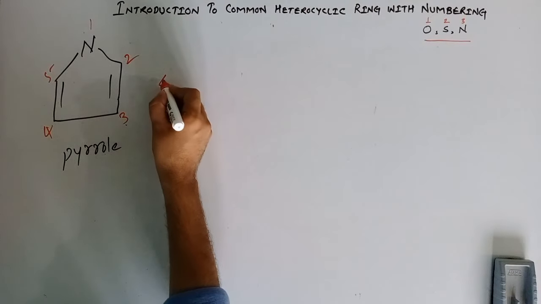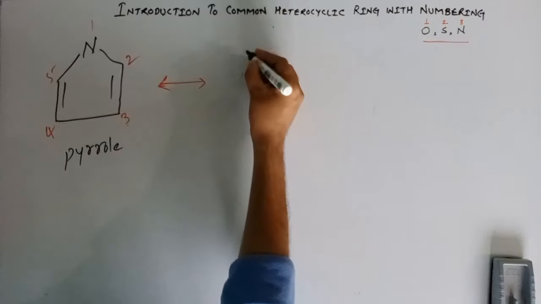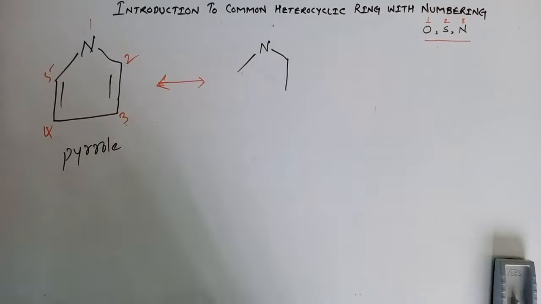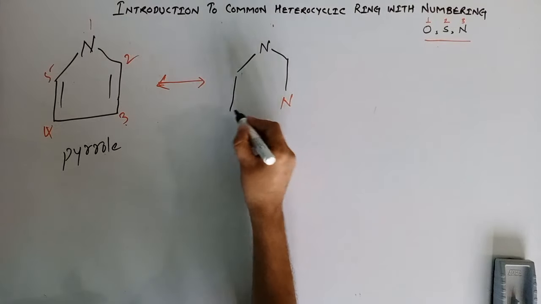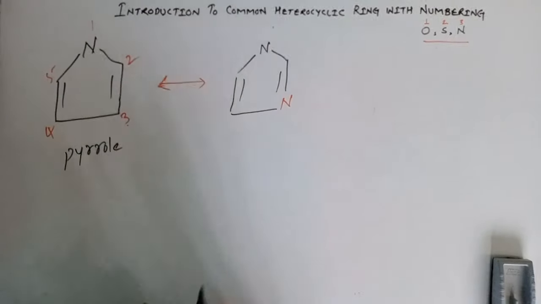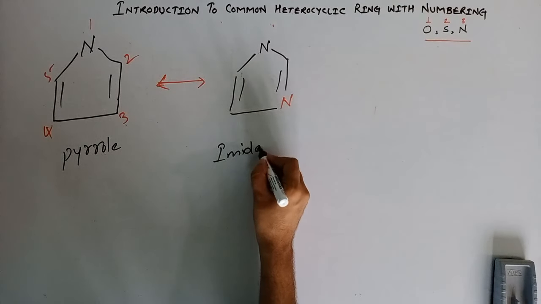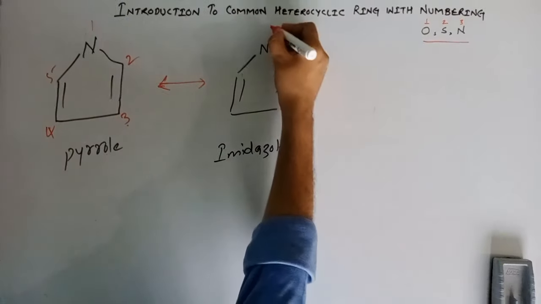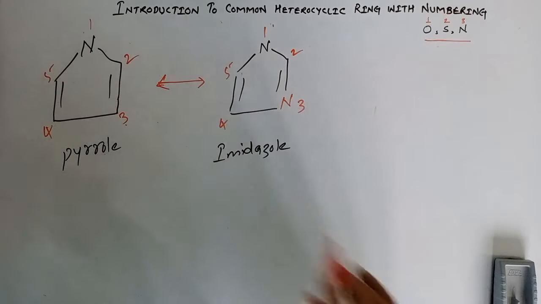Now suppose this pyrrole ring has another nitrogen atom at the third position. Then this ring is known by the name imidazole. Numbering begins with nitrogen: 1, 2, 3, 4 and 5.